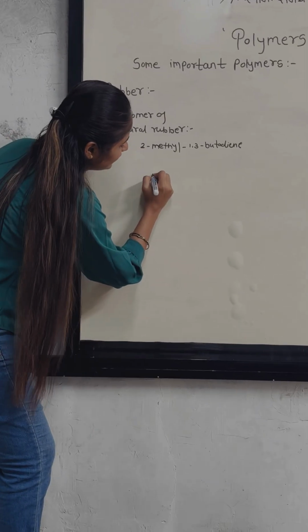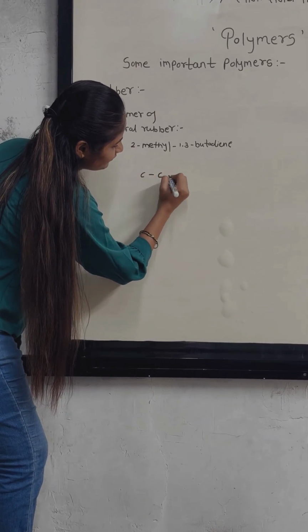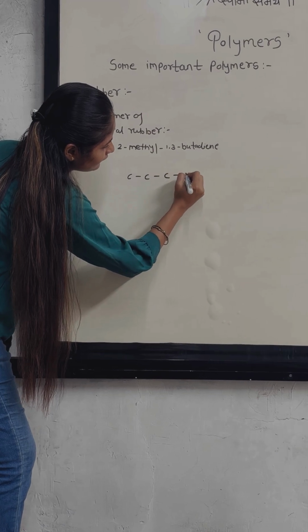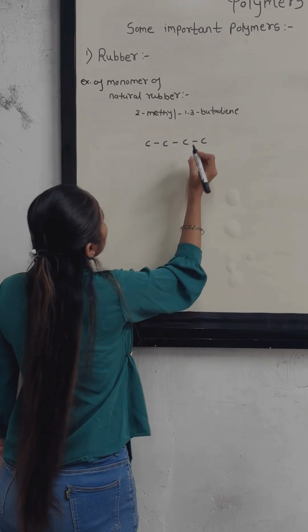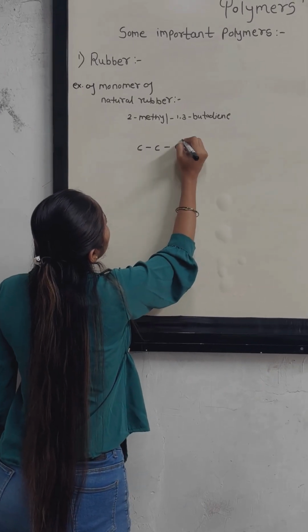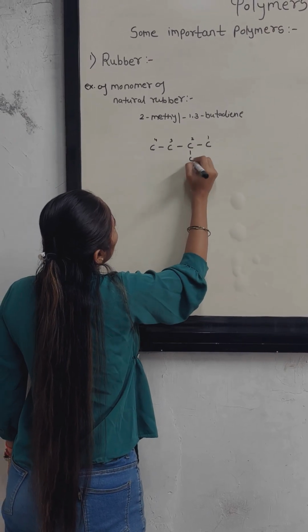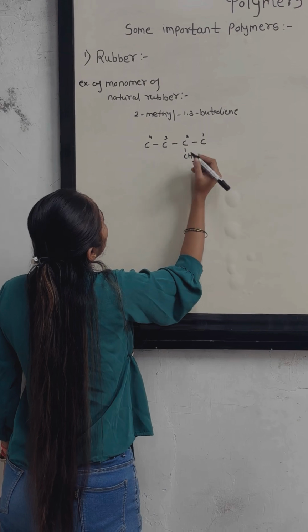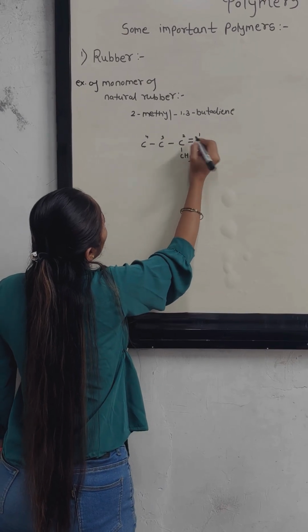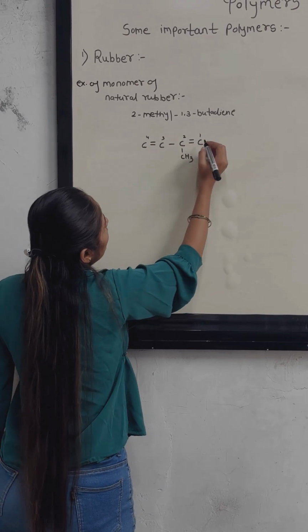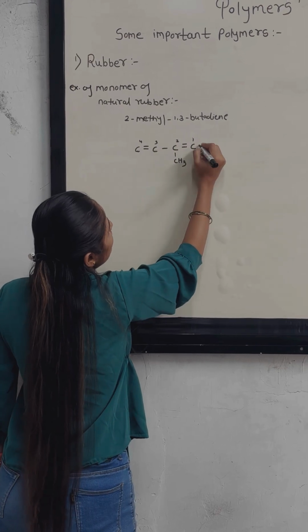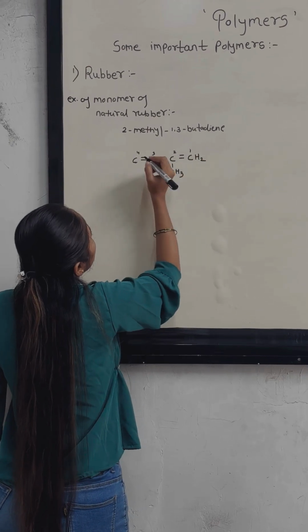So first we write the skeleton of the 4 carbons. Okay, so we have to write the carbon numbers, that is 1, 2, 3, 4. So 2-methyl-1,3-butadiene. Then we complete the valency of carbon.